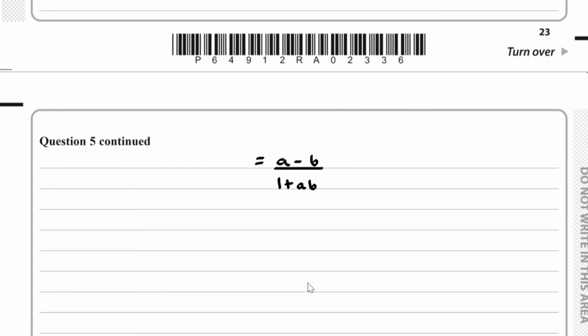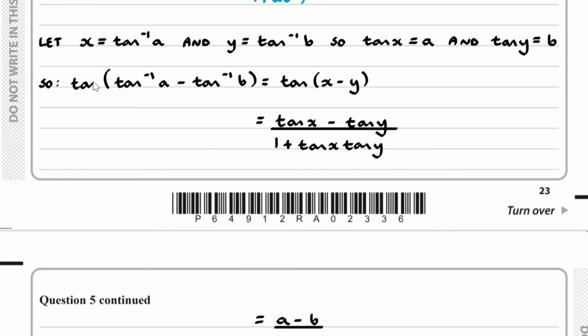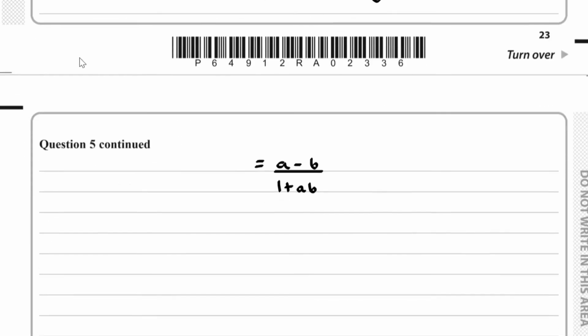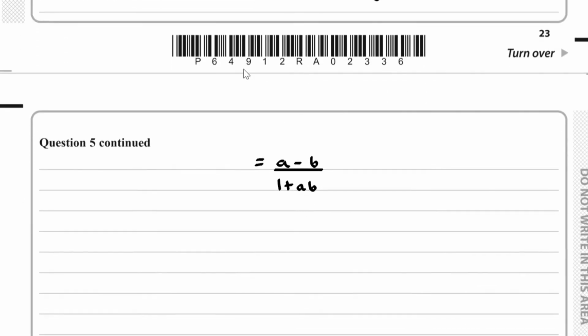And so what we can now do is take the arctangent of both sides. If I take the arctangent of the tan of something, then that will just be something.